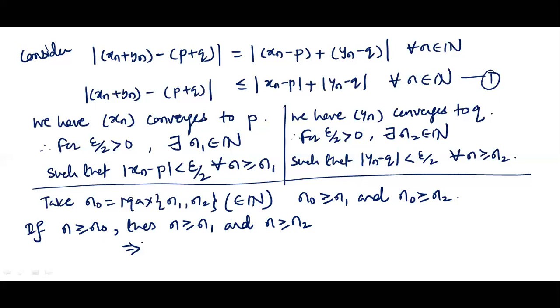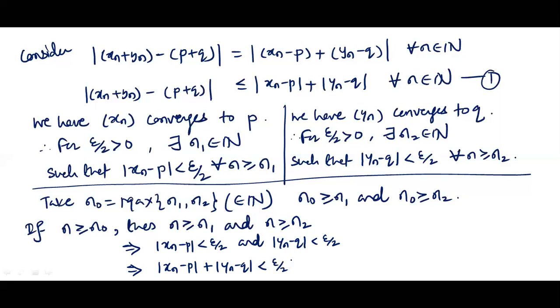For n greater or equal n1, we have mod of xn minus p is less than epsilon by 2, and for n greater or equal n2, we have mod of yn minus q is less than epsilon by 2. Let's take the addition of left hand sides, mod of xn minus p plus mod of yn minus q, and note that the addition of left hand sides is strictly less than the addition of right hand sides, epsilon by 2 plus epsilon by 2.